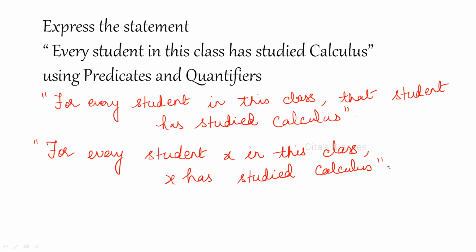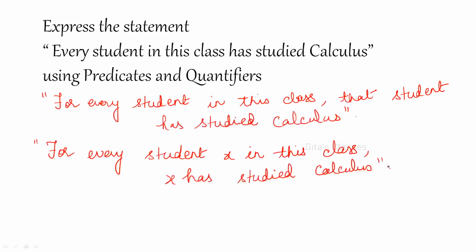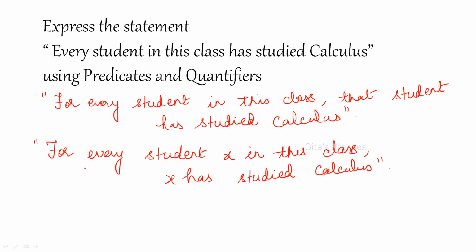Now we are going to decide the domain of discourse. If you are considering the domain of discourse as the students of this class, that is the set from which you can take x values. x is a variable which can be taken from some set, and that is called the domain of discourse. Now we define C(x) as "x has studied calculus".